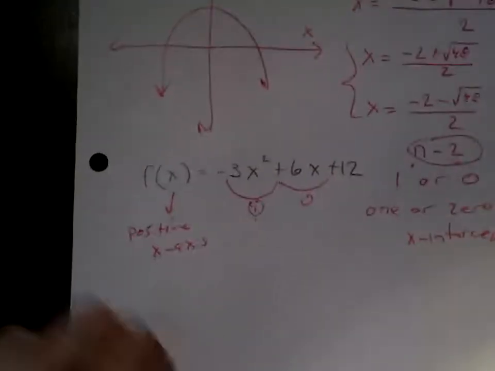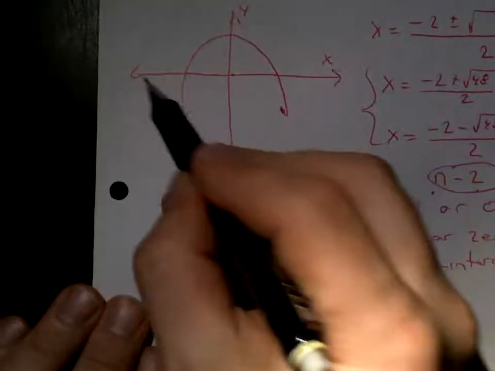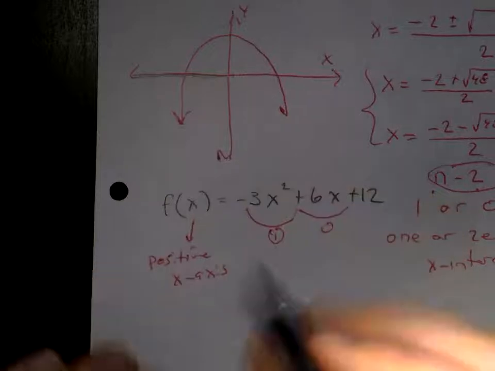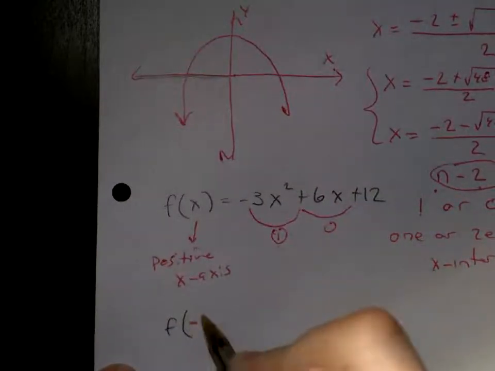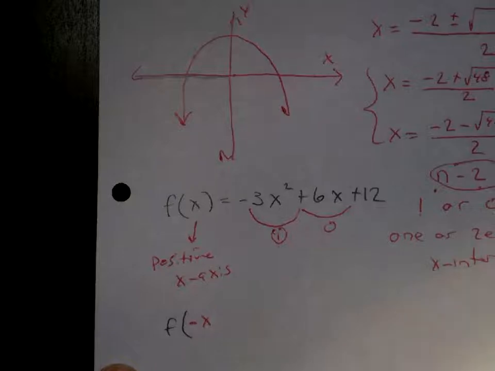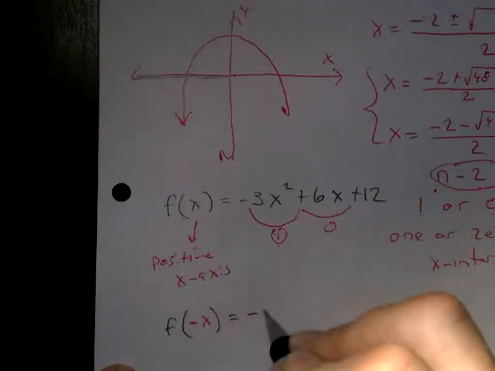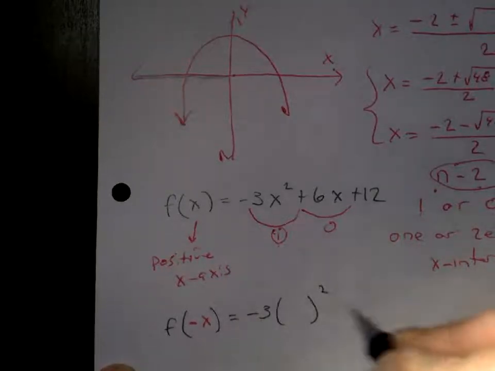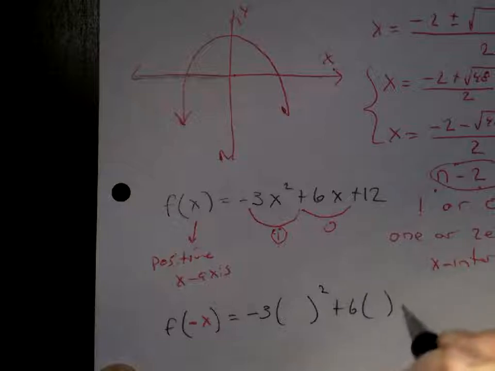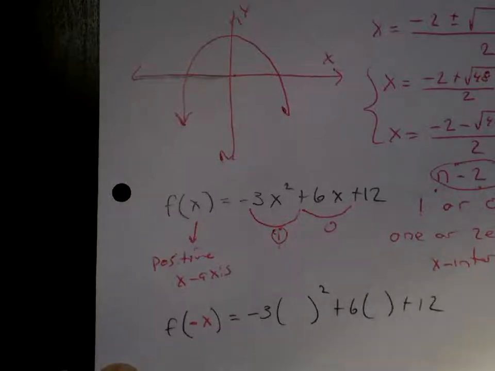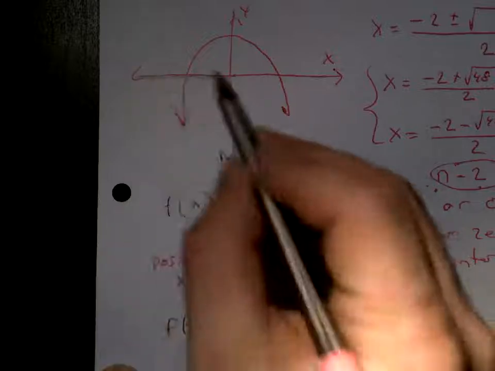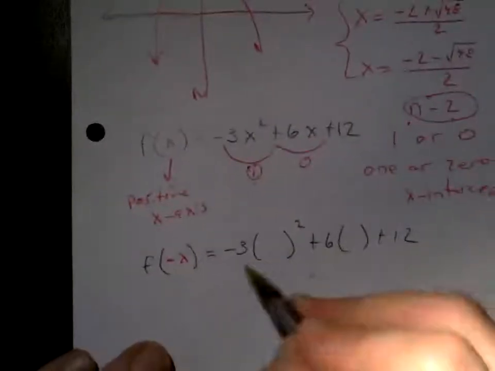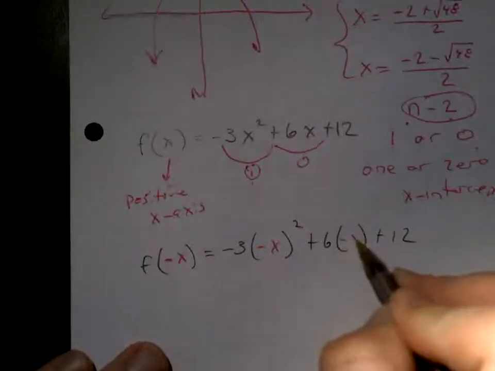Well, let's focus on the negative part. So if we take our function and now put a negative number in it, so we put any negative number, that's going to be negative x.